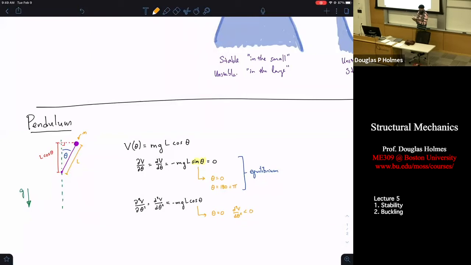So this is unstable. And theta equals pi gives you cos theta of -1. -1 times negative gives me a positive number.